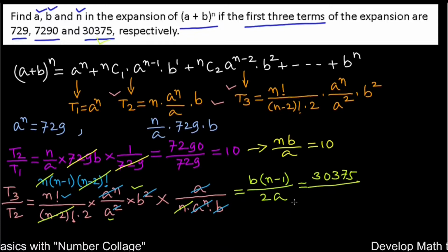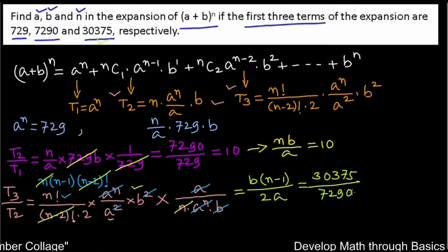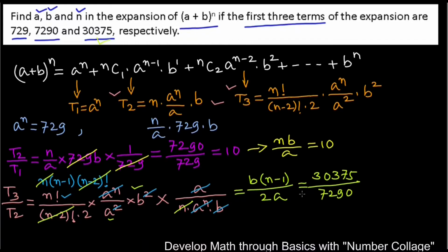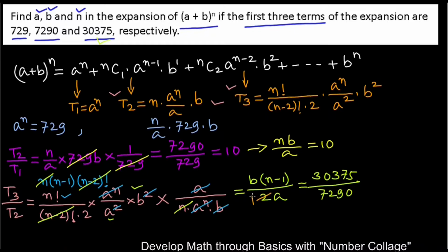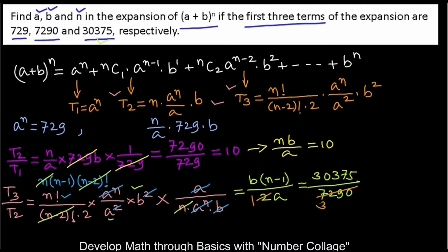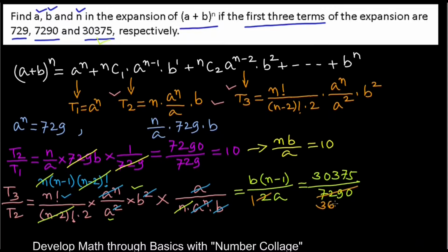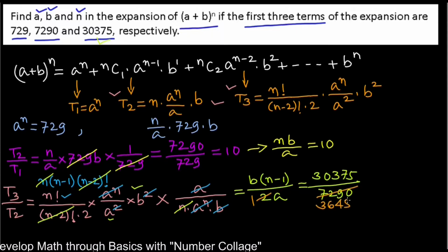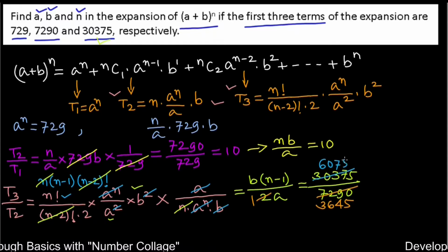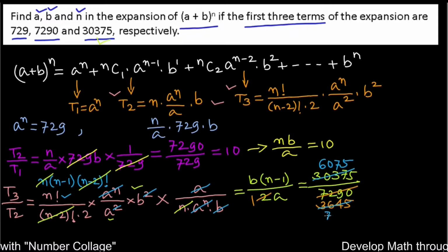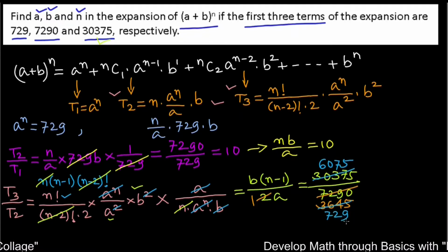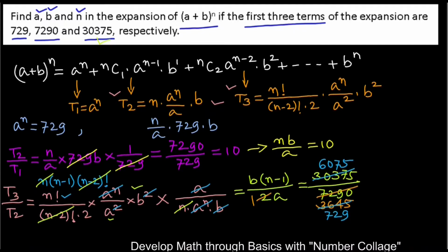which will be 30375 upon 7290. We will divide 7290 by these two, so this will be 2 ones are 2, 2 3s are 6, 2 6s are 12, 2 4s are 8, and 2 5s are 10. We will divide by 5. 5 6s are 30, 5 7s are 35, 5 5s are 25, 5 7s are 35, 5 2s are 10, 5 9s are 45. Then we will divide by 3.